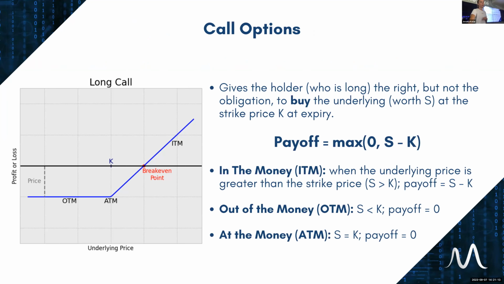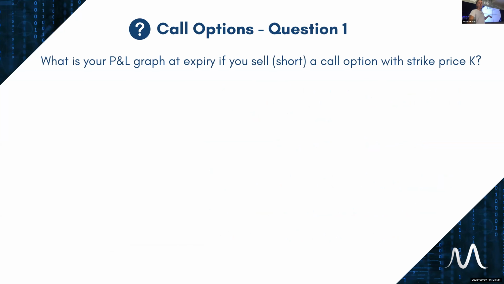So, the terminology long call means you bought a call, and this is the payoff. Now, on your worksheets, if anyone doesn't have a worksheet, they can collect it over there. Try to draw on this what you think the P&L of shorting a call looks like.